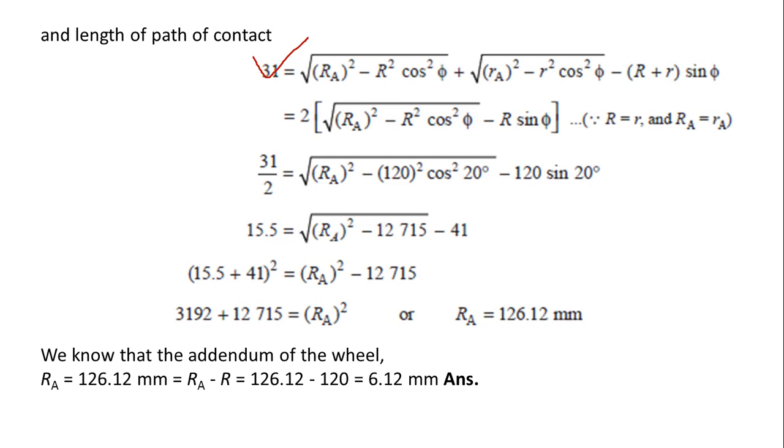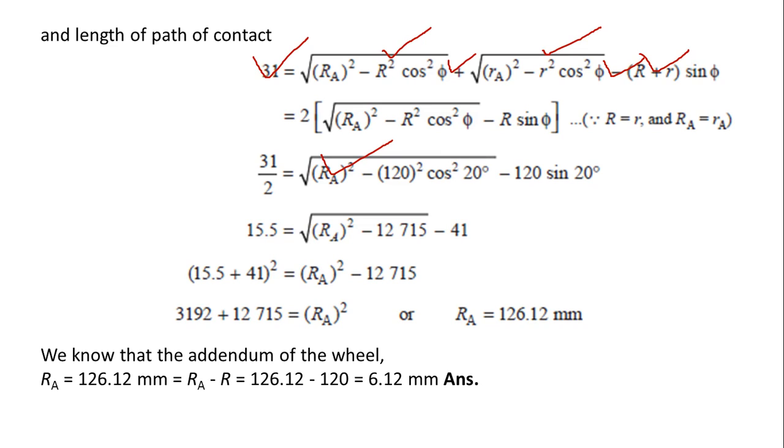So you know the values of the pitch circle radius, and the angle is also known to you. So you can take it as 2 times of this, because both are nothing but the same. Okay. Then you can calculate the RA value.